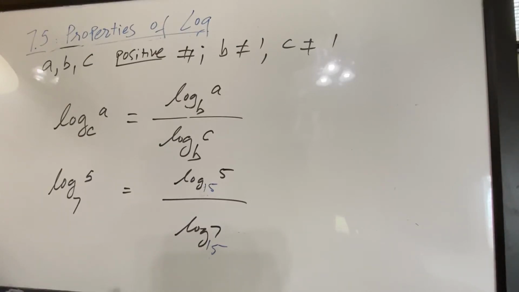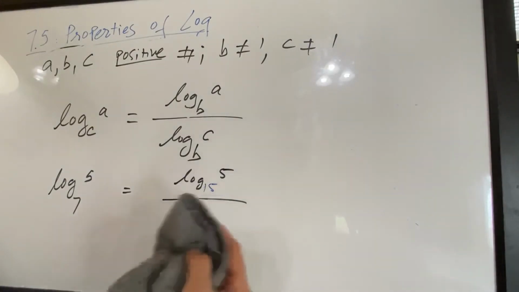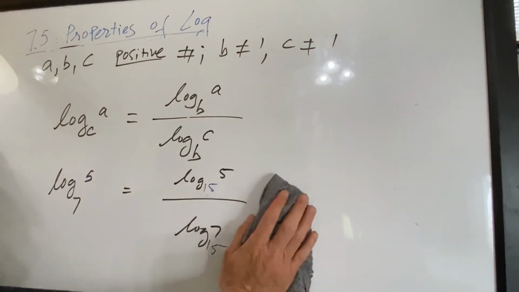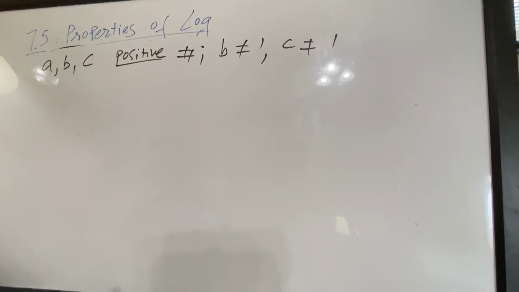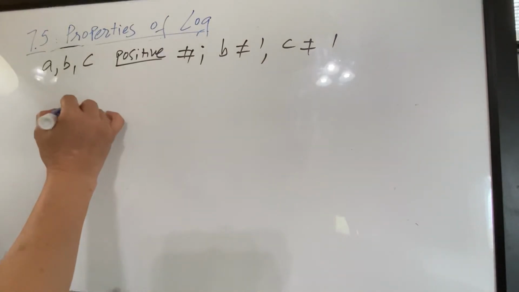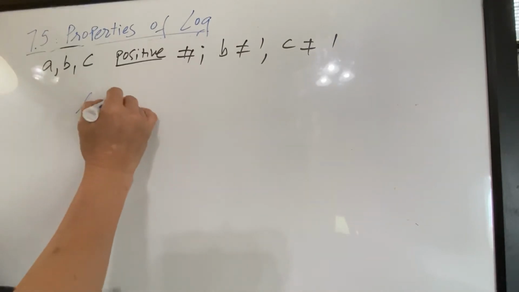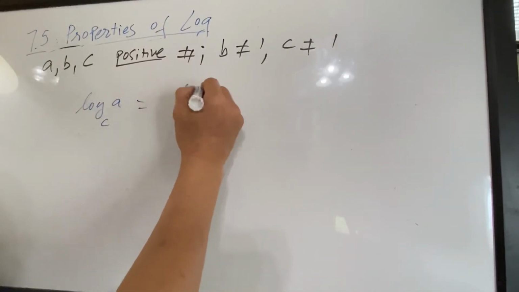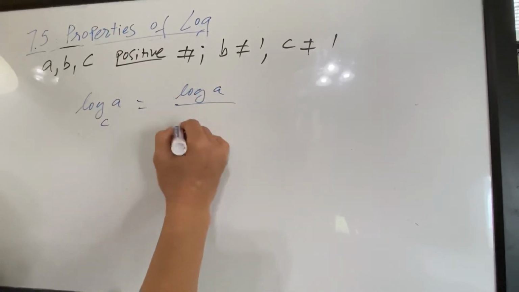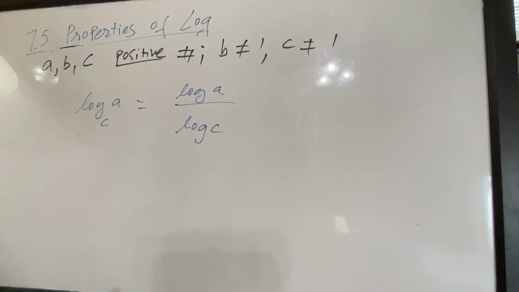So the next one you see in your textbook is, in particular, look, let me rewrite this for you. Okay, now we have, in particular, log base C of A. In this case, if they just write the symbol like that, it means the base is 10.